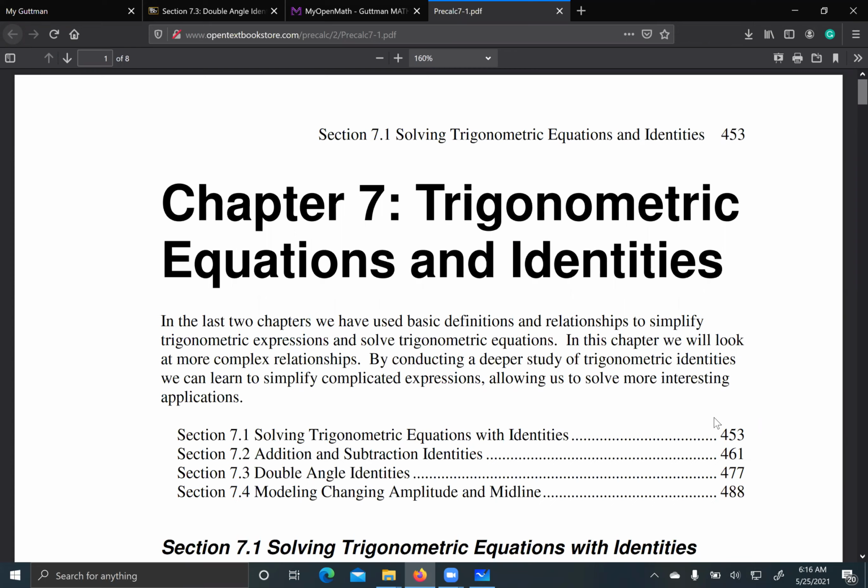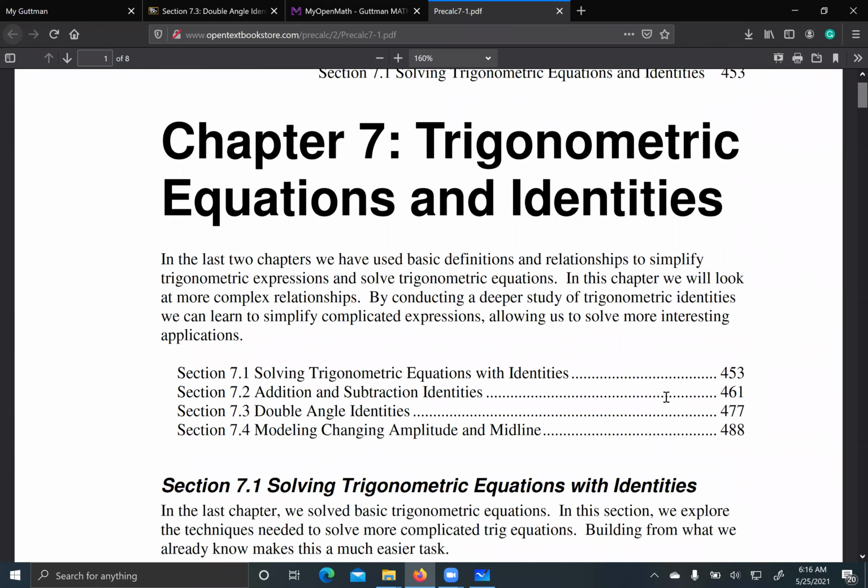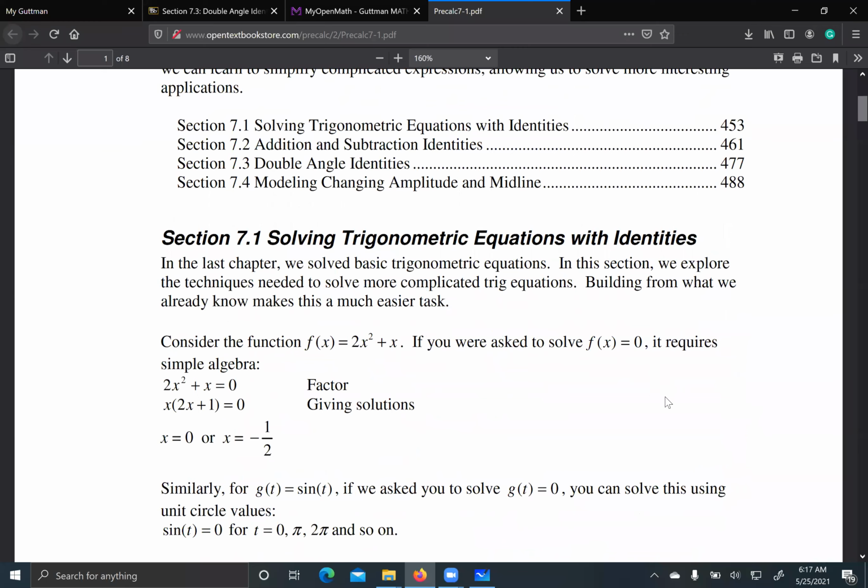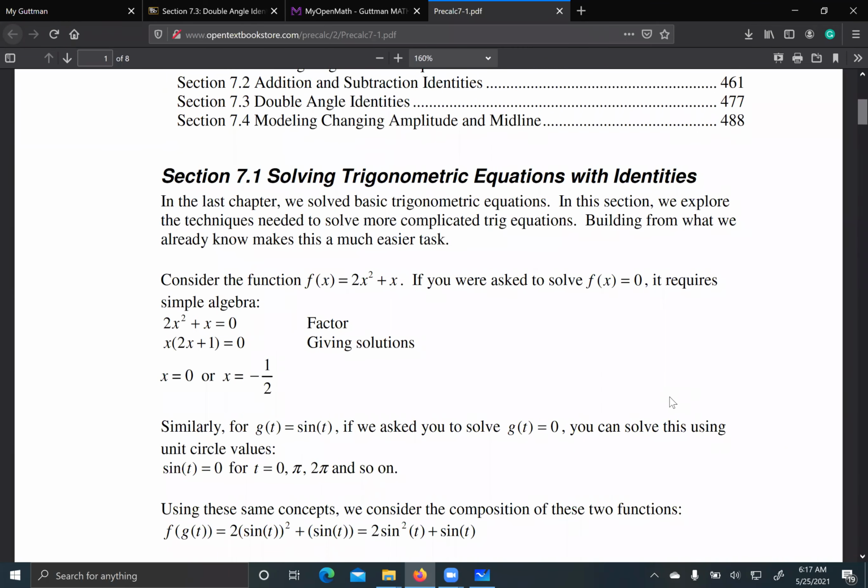In this video we are going to start chapter 7 of the textbook and start looking at section 7.1, solving trig equations using identities.